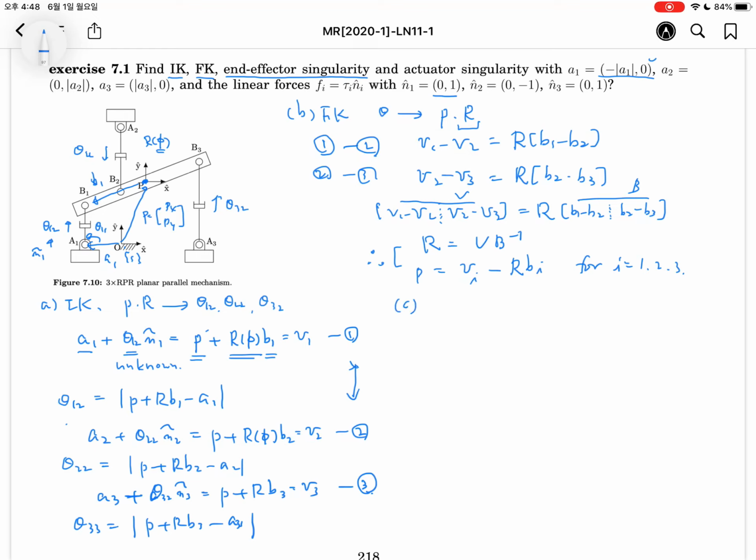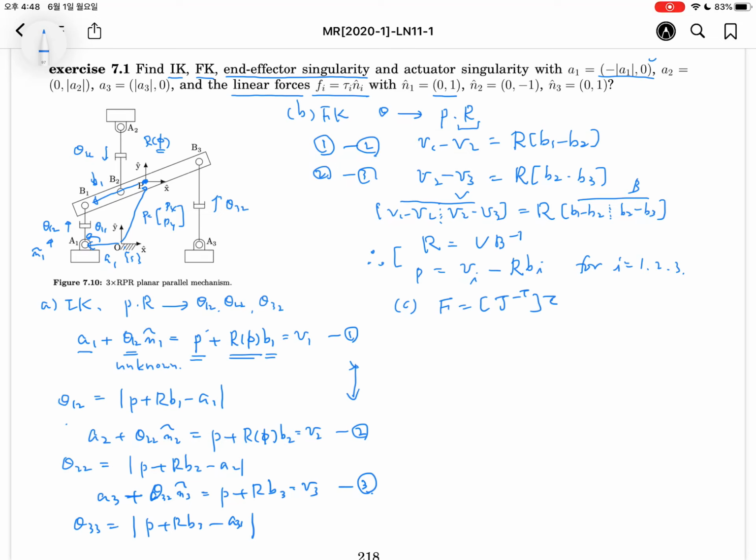The wrench will be the Jacobian inverse transpose times a linear force vector, because the three-dimensional prismatic actuator will provide the linear force. So the linear force will be denoted by Fi using the tau i.